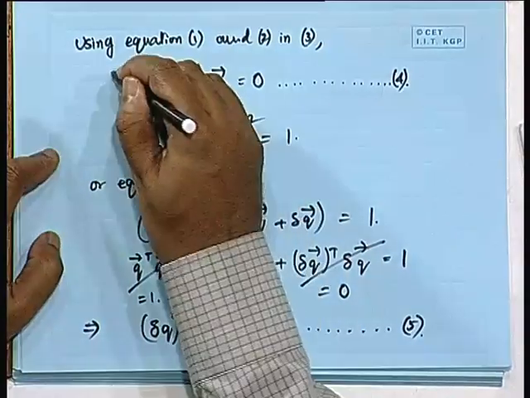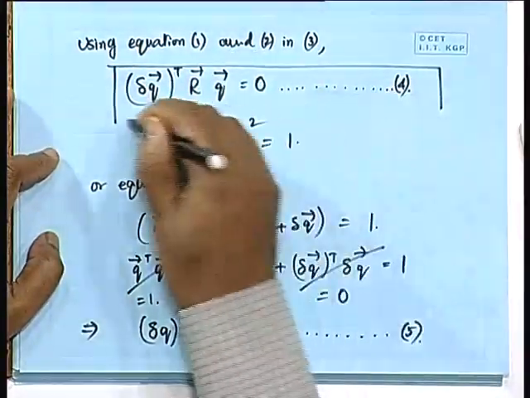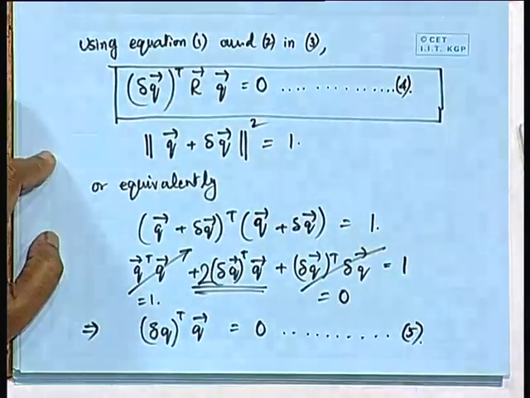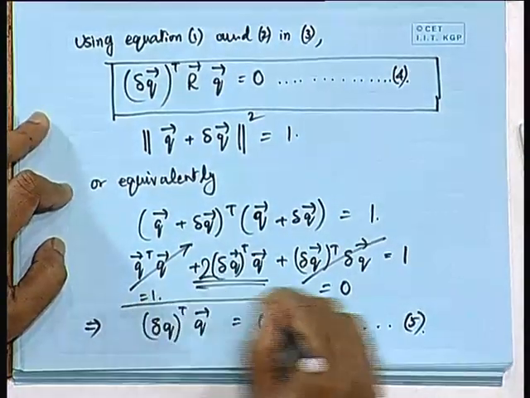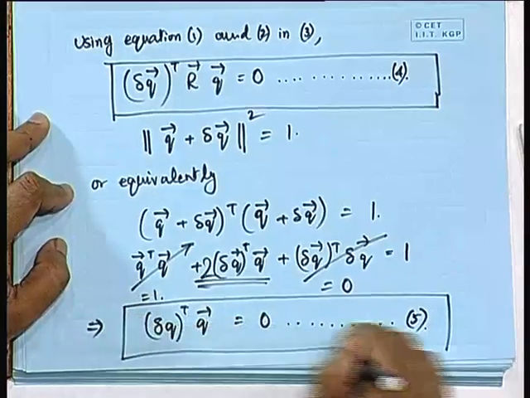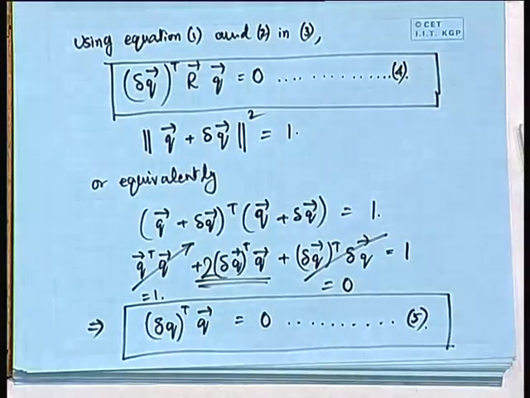Let us now remember that we have an important condition from equation number 4 and another important condition from equation number 5. What is the physical significance of equation number 5? It means that q and delta q are orthogonal.